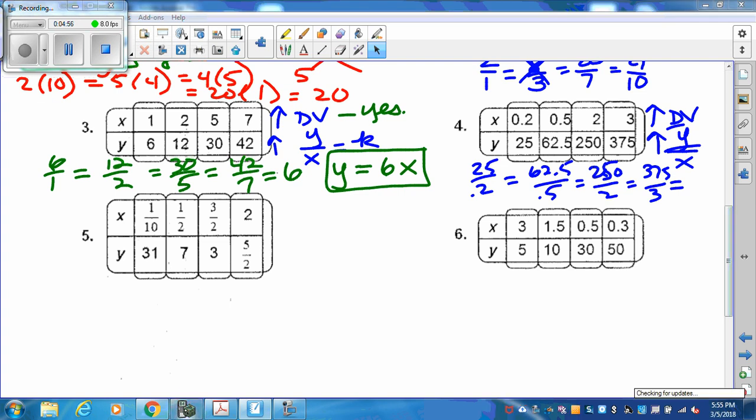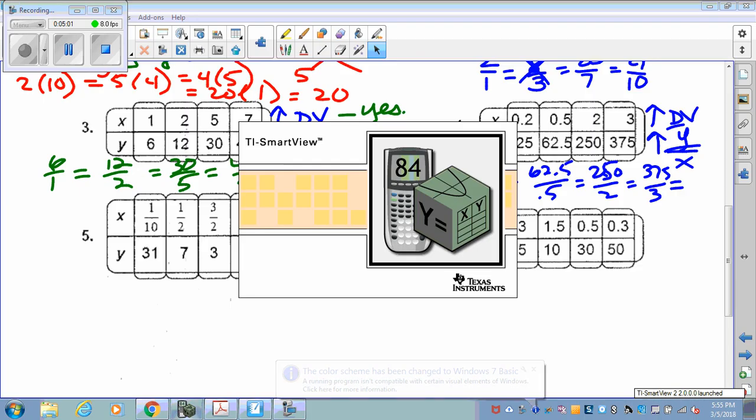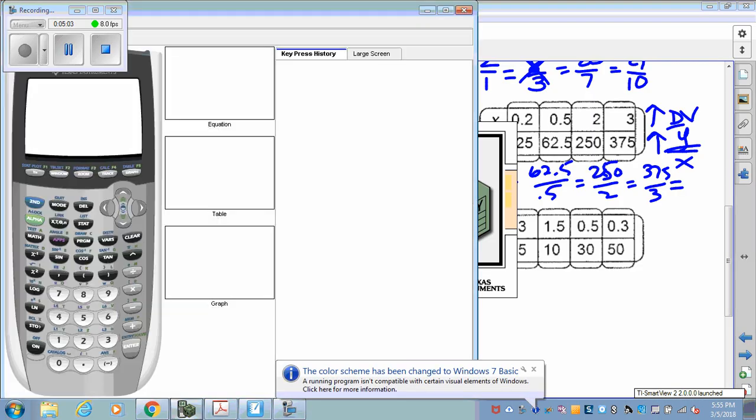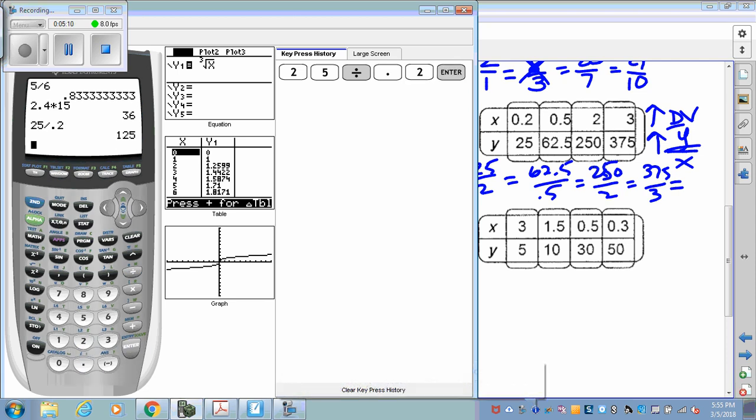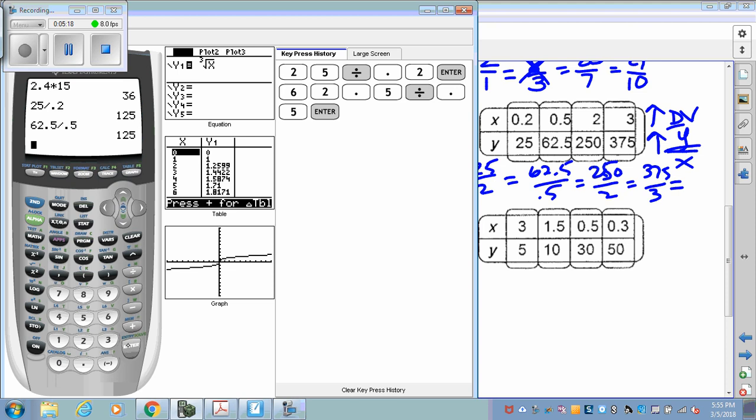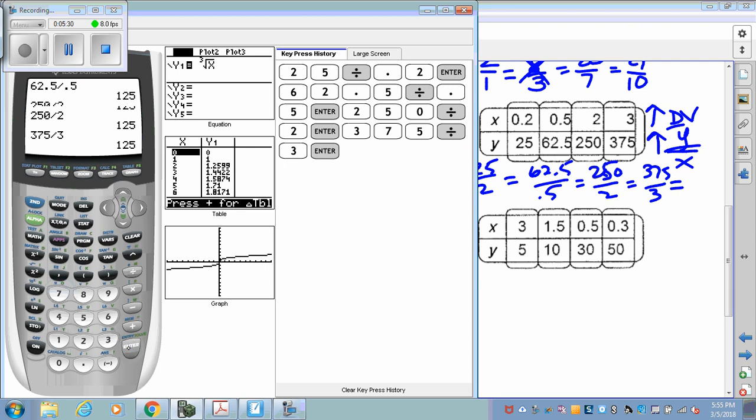So 25 divided by 0.2, I will check on my calculator. That's 125. 62.5 divided by 0.5 is also 125, and 250 divided by 2 is also 125, and 375 divided by 3 is also 125.